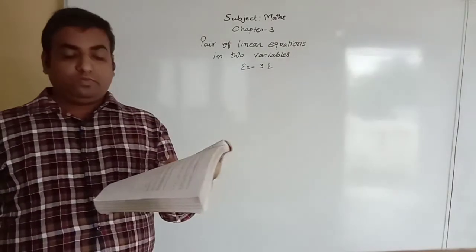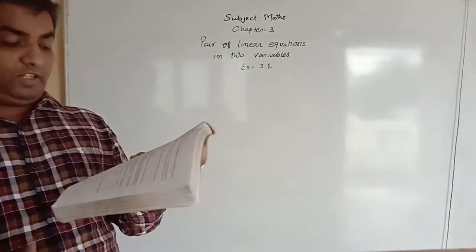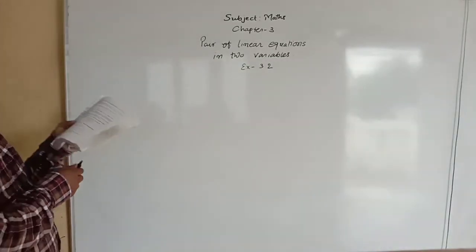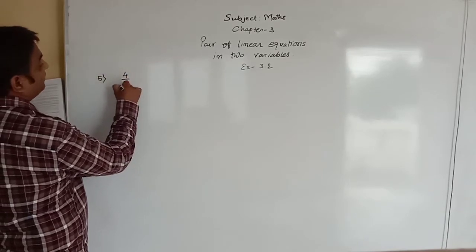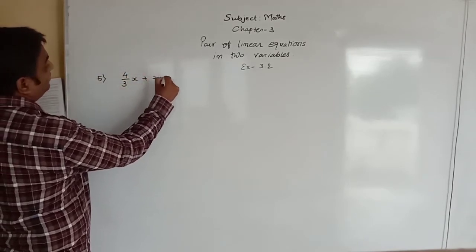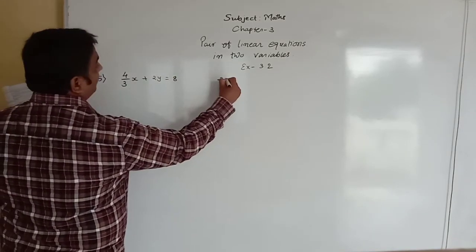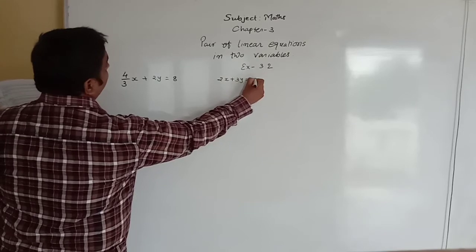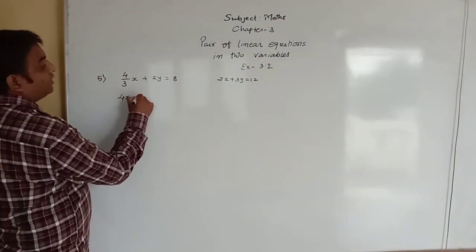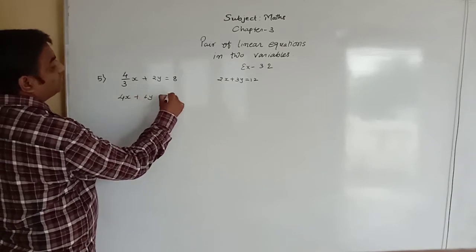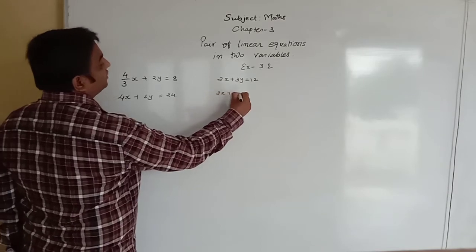Question 5 we have, which of the following are: 4 by 3 x plus 2y equals 8, and 2x plus 3y equals 12. So we take the LCM, then 4x plus 6y equals 24, and 2x plus 3y equals 12.